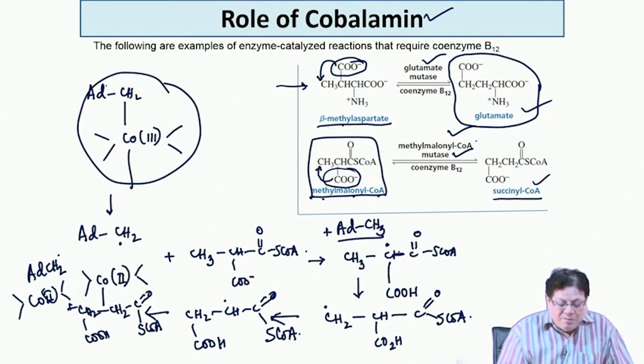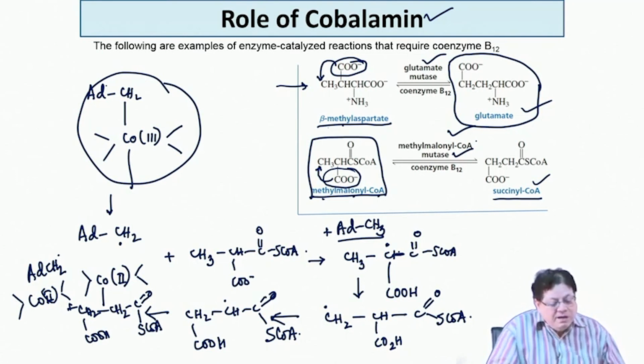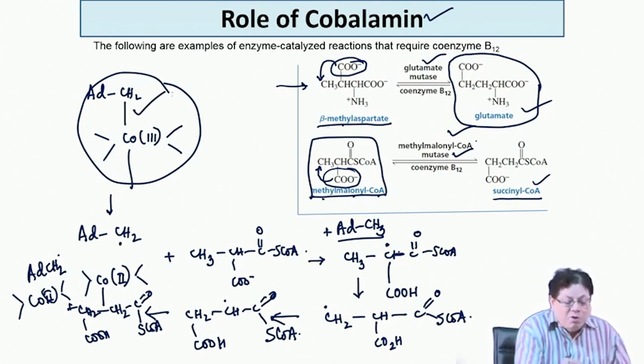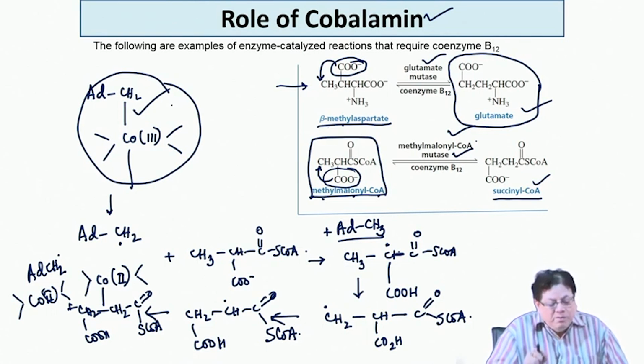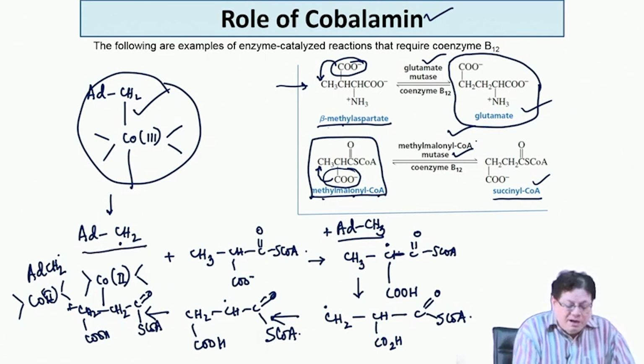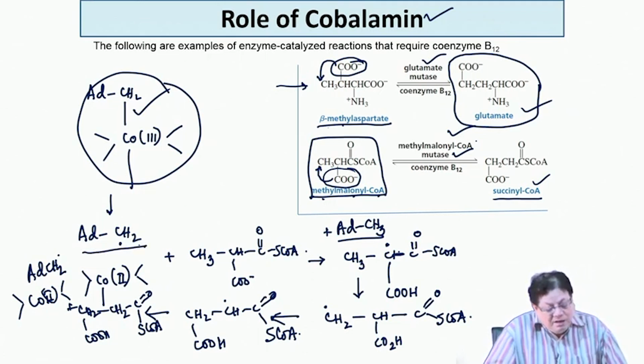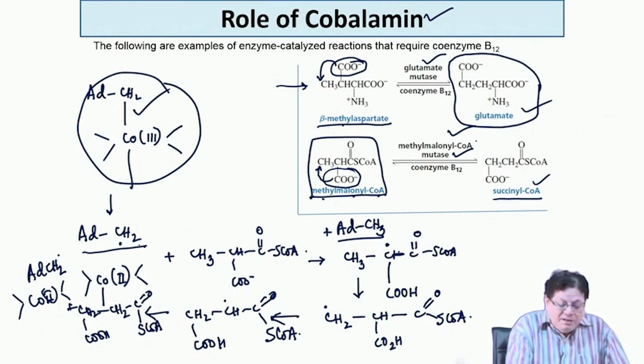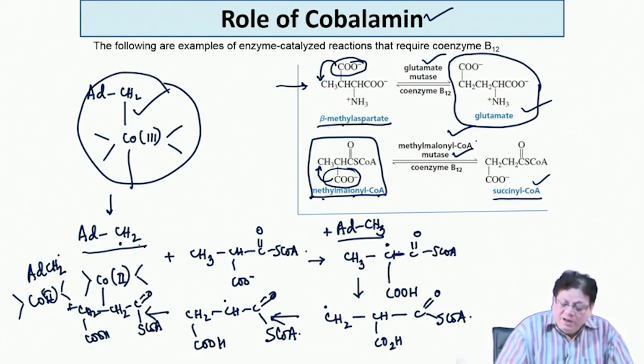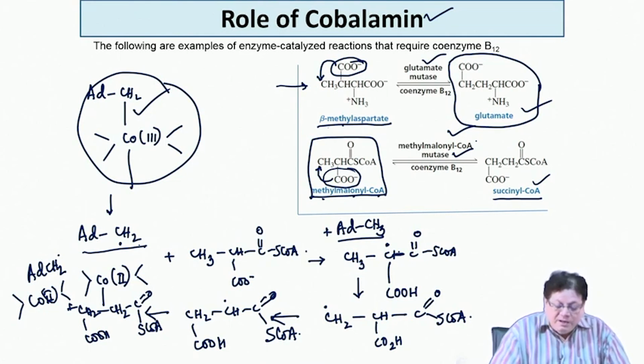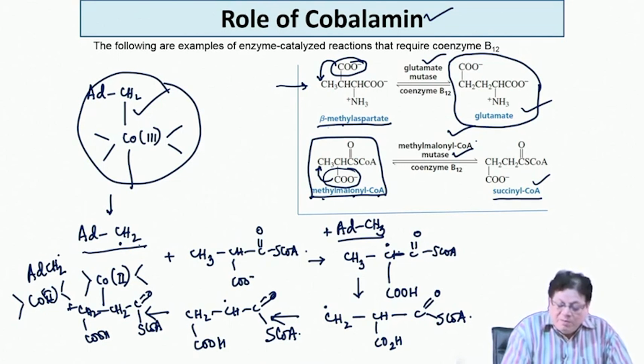So, again just to summarize this process, because this is a very reactive organometallic carbon metal bond, it can homolytically dissociate, resulting in a radical at the adenosyl part, and the cobalt goes to cobalt 2, and then this abstracts hydrogen first here. So, it gives a dot, and then the hydrogen migrates from here and goes to there.